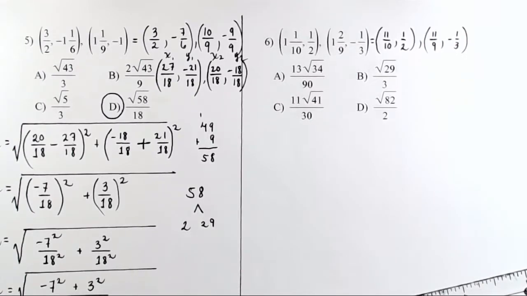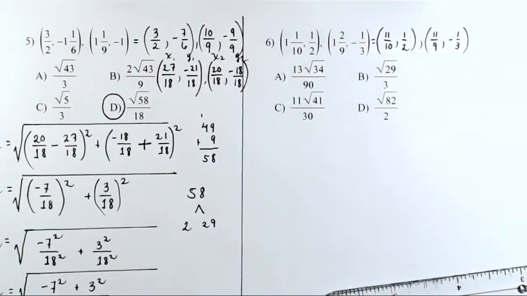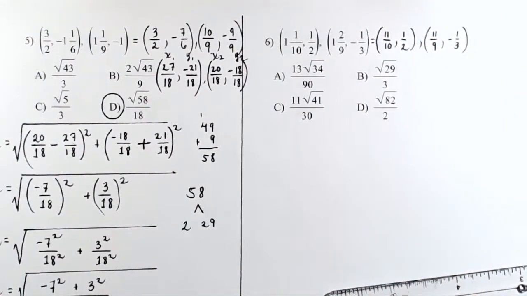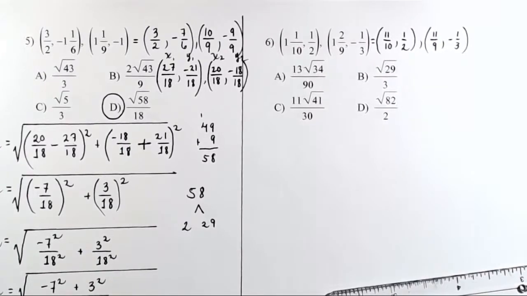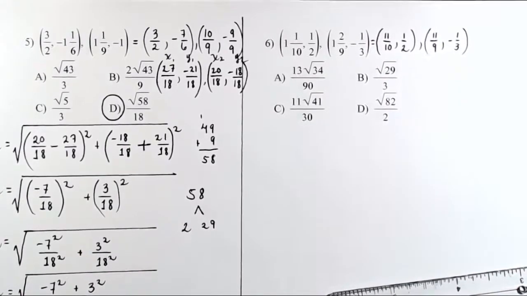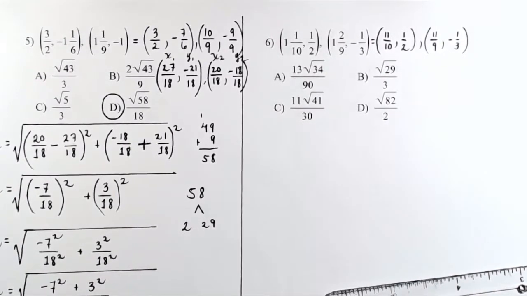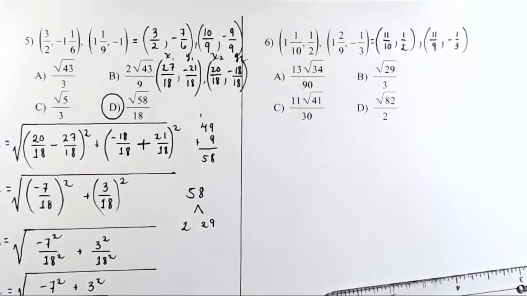Yep. So I'm going to need to multiply 11 tenths by 9 ninths, 1/2 by 30 thirtieths. No, 60 sixtieths. No, wait a minute. 45 45ths. Sorry. And 11 ninths by 10 tenths. And then negative 1/3, I'm going to need to multiply by 30 thirtieths.